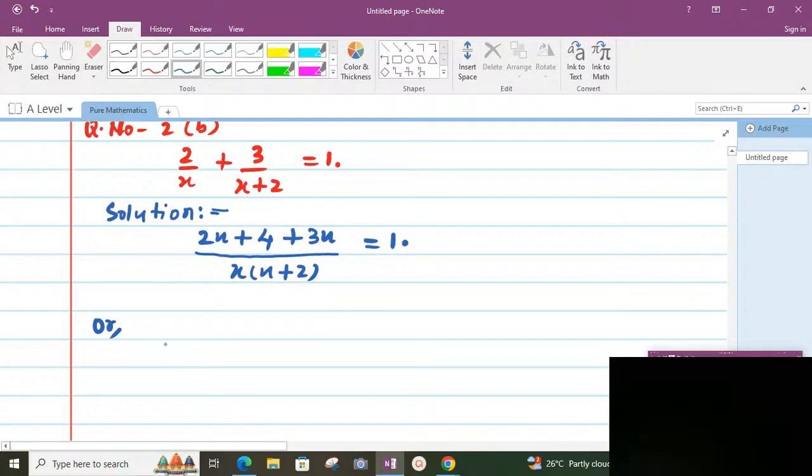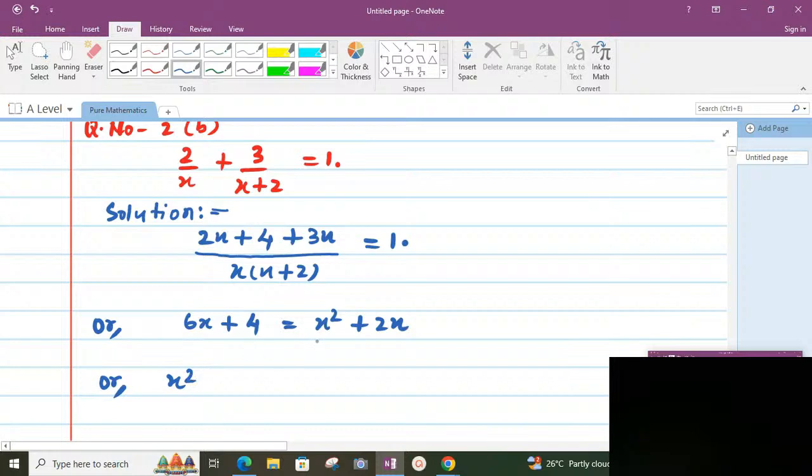The next step here will be 6x plus 4 equal to x square plus 2x.